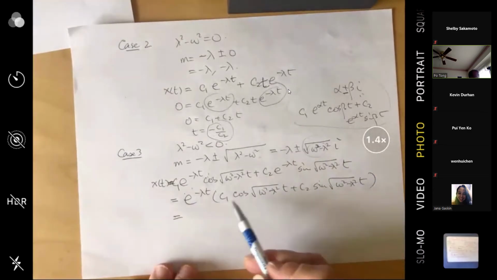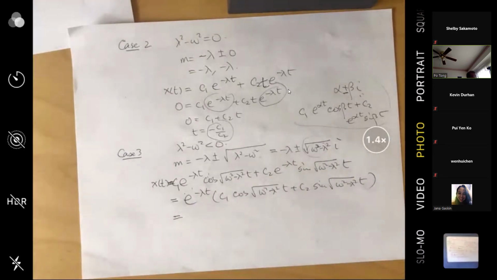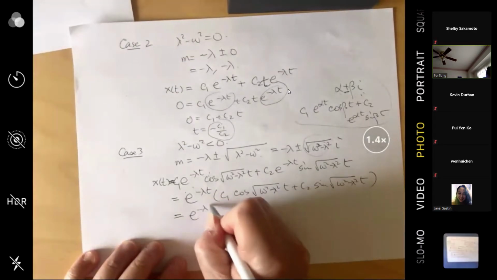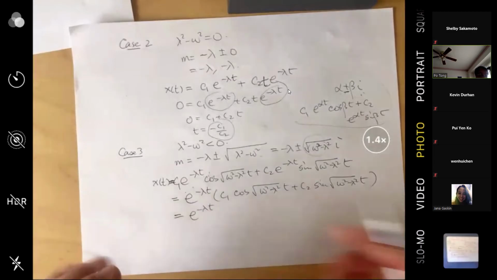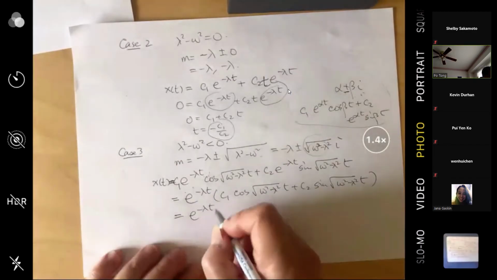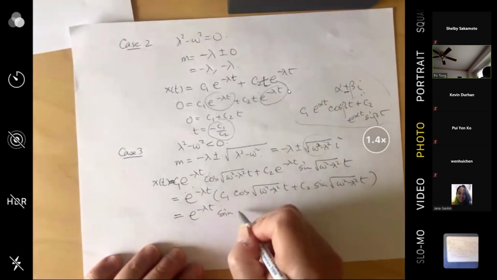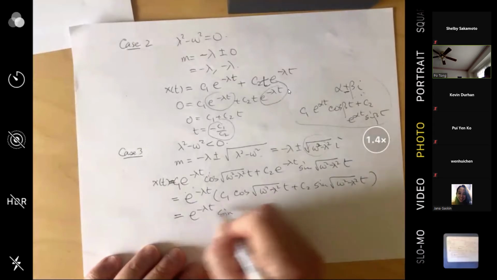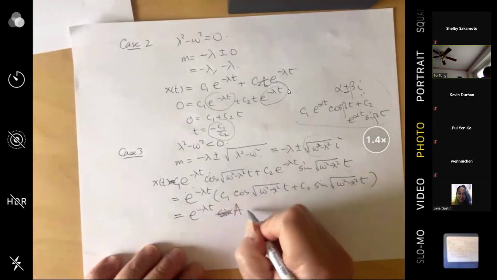Now, once again, C1, C2 depend on the initial condition and can be written like this using the sum of angle formula. This becomes some amplitude A sine.